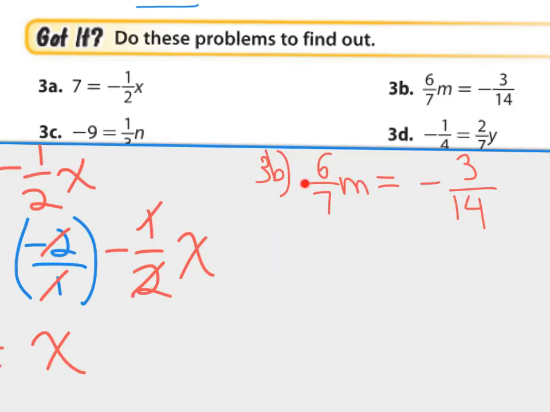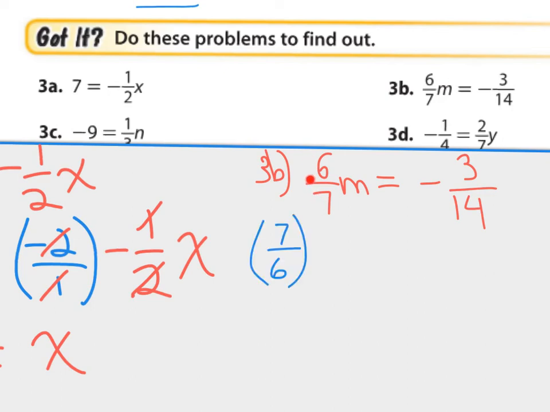We have 6/7 of a number is -3 over 14. Again, let's isolate our variable by getting rid of the coefficient, and the only way to do that is by multiplying it by its multiplicative inverse, and you must do that on both sides. So let's do that. We flip it, right?